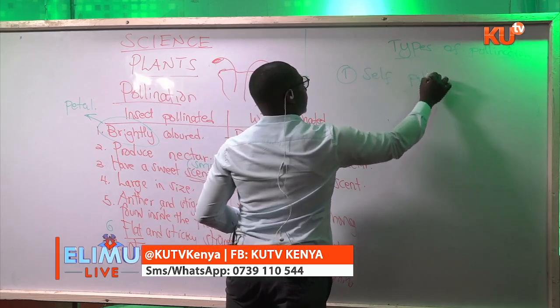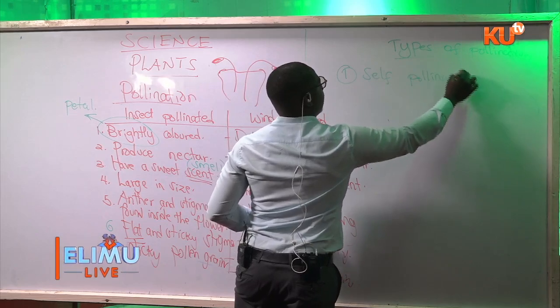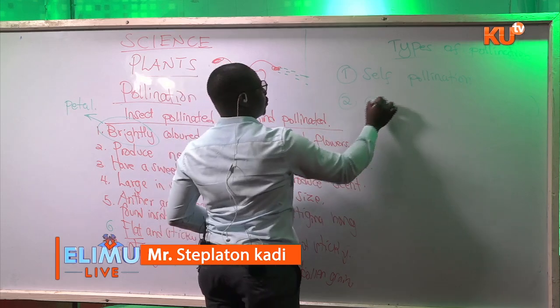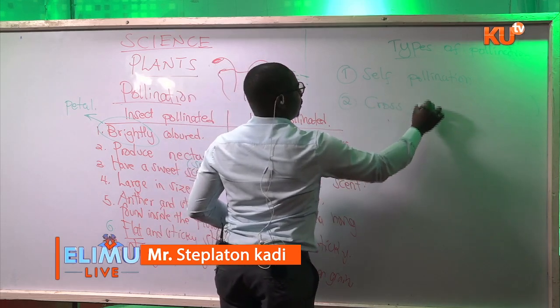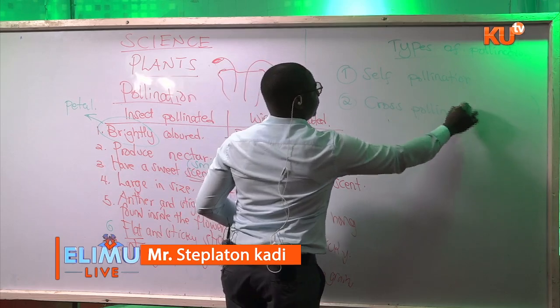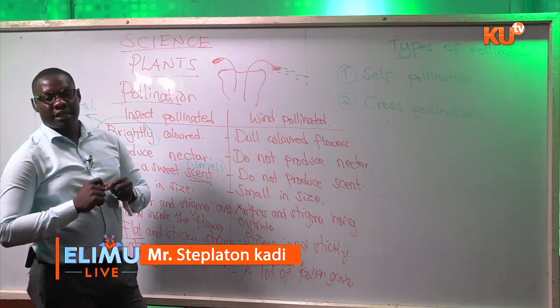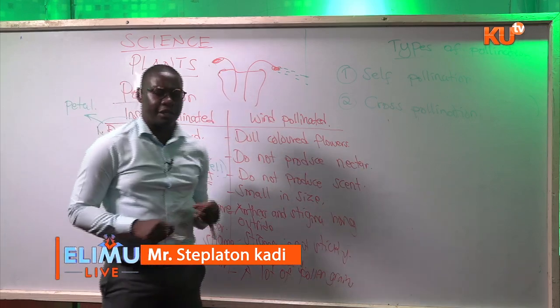One, we'll call it self-pollination. And number two, we'll call it cross-pollination. So looking at the types of pollination, we get two types, self-pollination and cross-pollination.